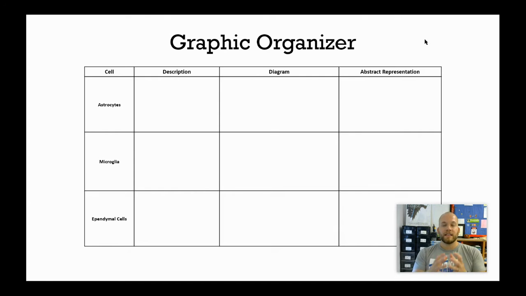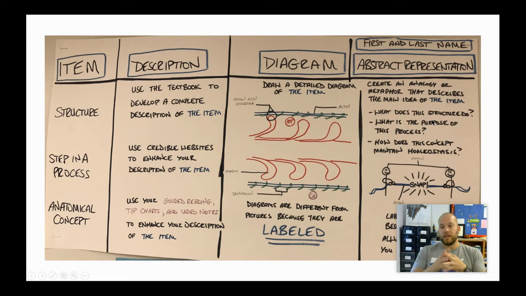They are organizing information and topics that are more than just a vocab word, and you're going to describe them in verbal detail. And then you're going to use a diagram, which is a picture that is labeled with words. And then you're going to do an abstract representation. You don't always do an abstract representation, but it is going to be a part of a lot of our graphic organizers.